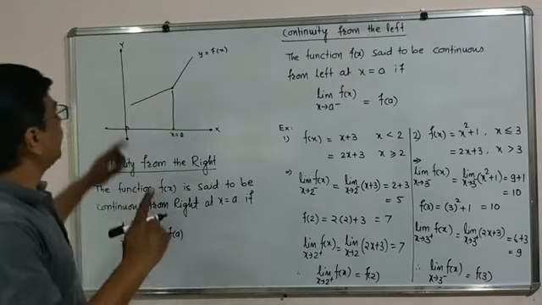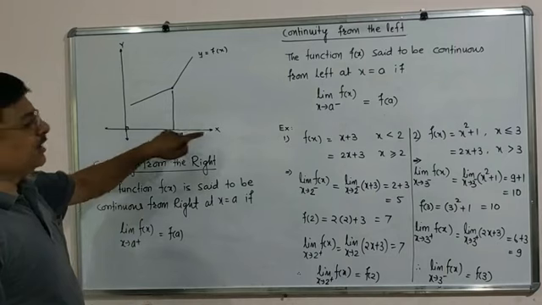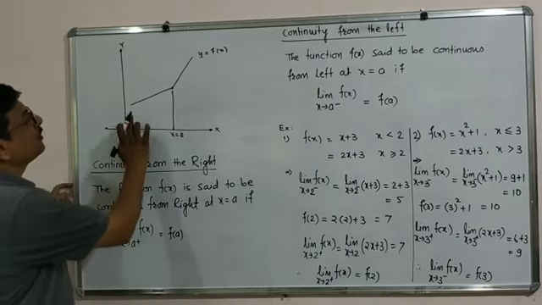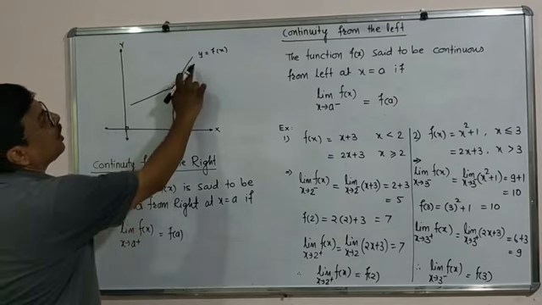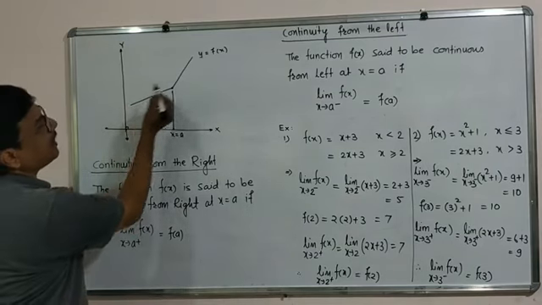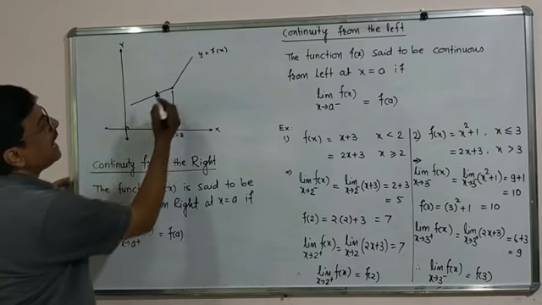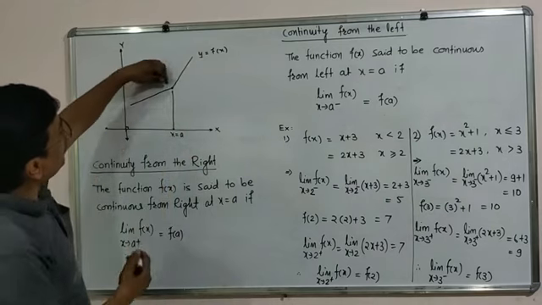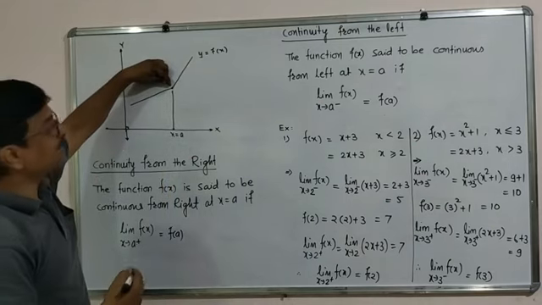If this function is having a graph like this, look at this, y is equal to f of x, this function has a continuous graph from the left side of a as well as from the right side of a, and both graphs are joined by the value of function at x is equal to a.